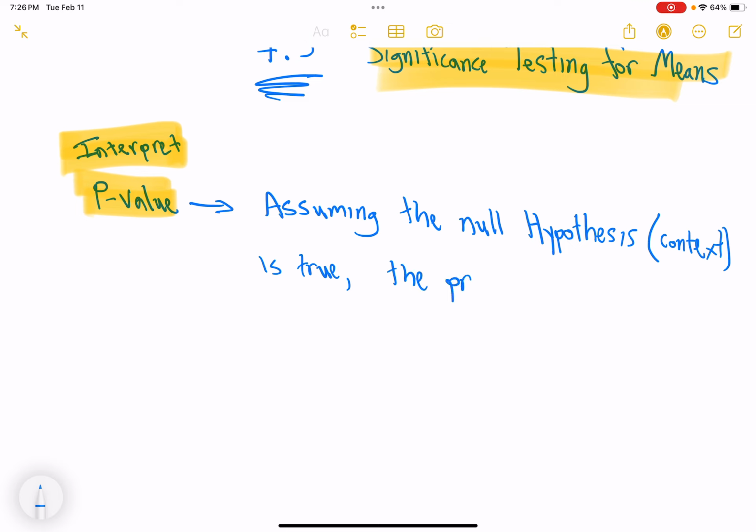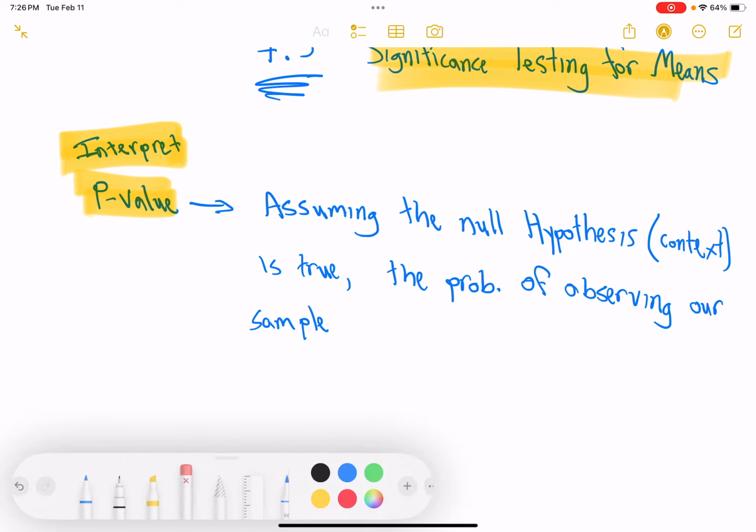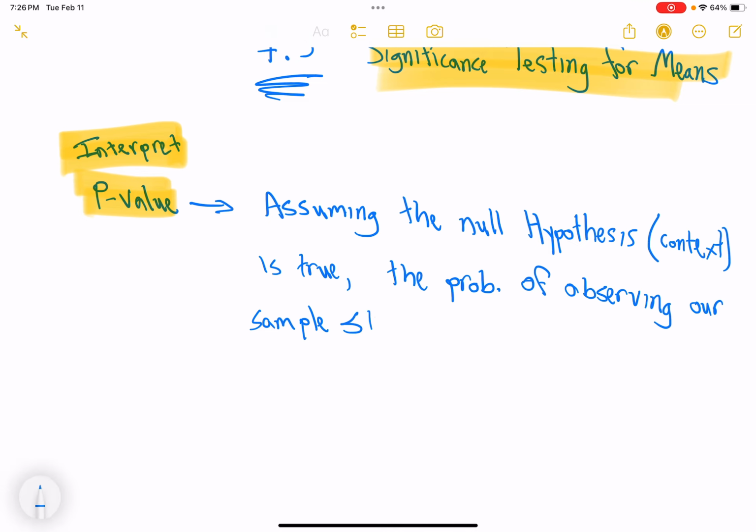The probability of observing our sample statistic, be it a sample mean, which is an x-bar, or a p-hat, or more extreme.